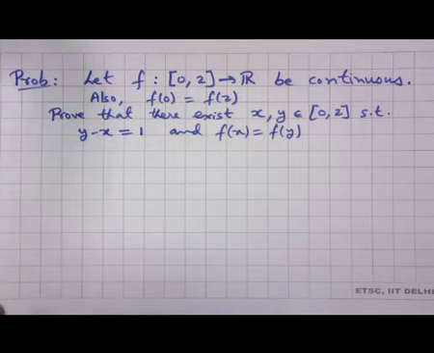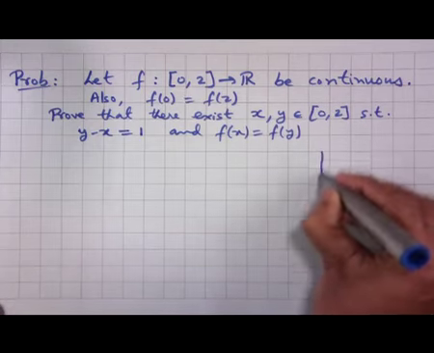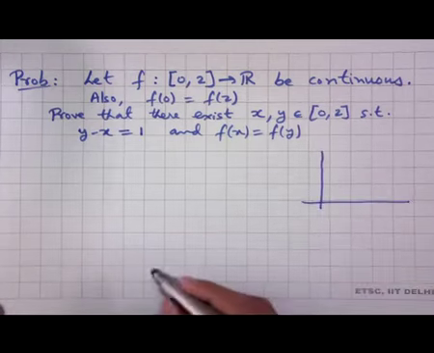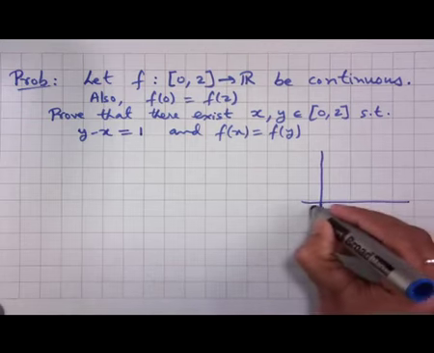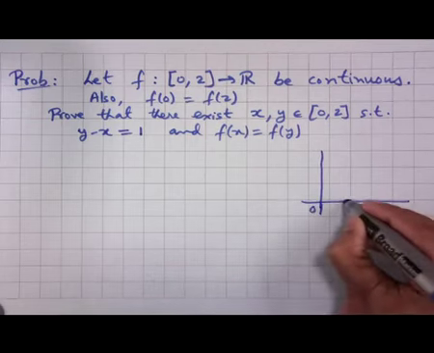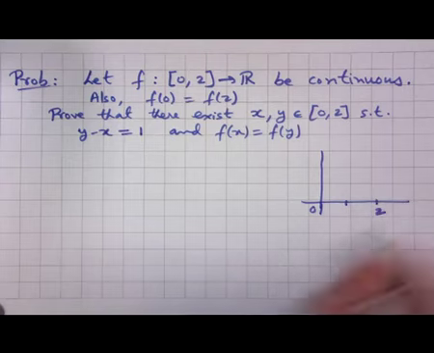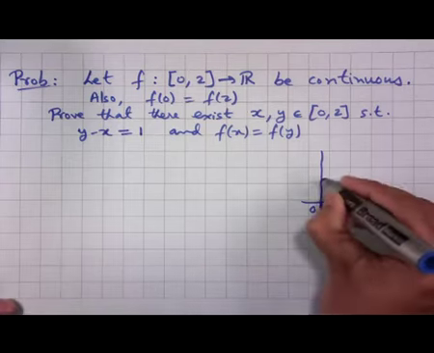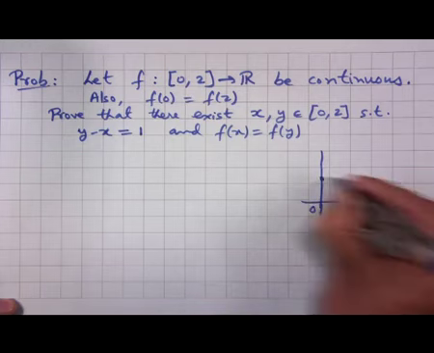So, what we are given is any continuous function from the interval 0 to 2, and the only thing we know is that f of 0 and f of 2 are same.